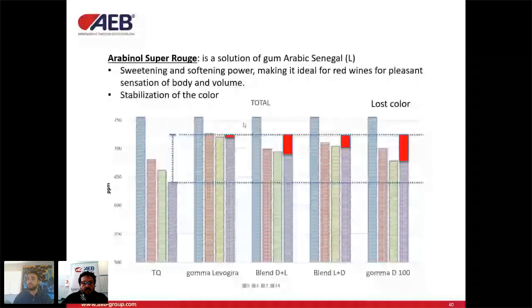The Arabinol Super Rouge, 100% Acacia senegal, was the best gum arabic to protect color. In fact, after 14 days of aging, there was almost no color loss in the wine. Also, this gum, as I said before, is the one that gives the most sweetening and softening power in the wine.